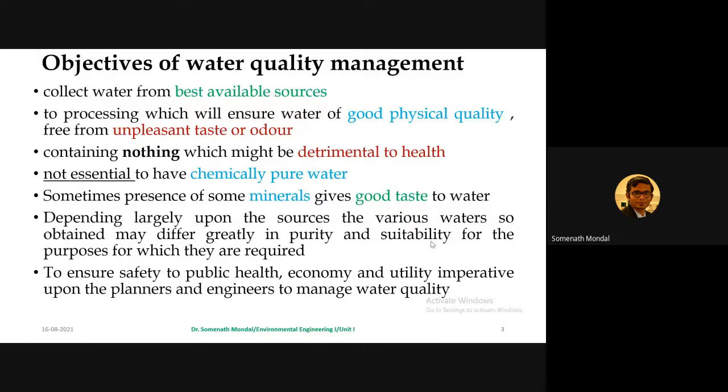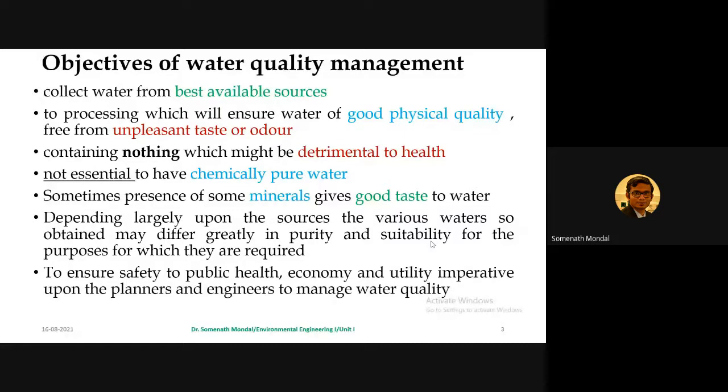These are very important aspects of water quality management, and when we talk about its objective, we look at all those aspects and analyze them to get the best possible water in terms of quality.